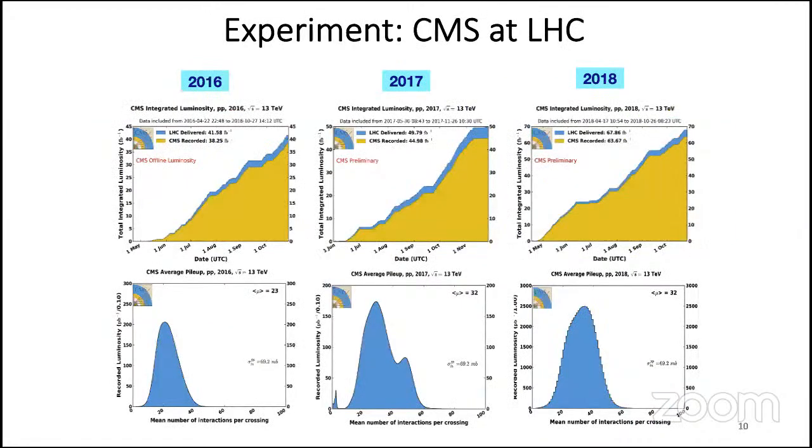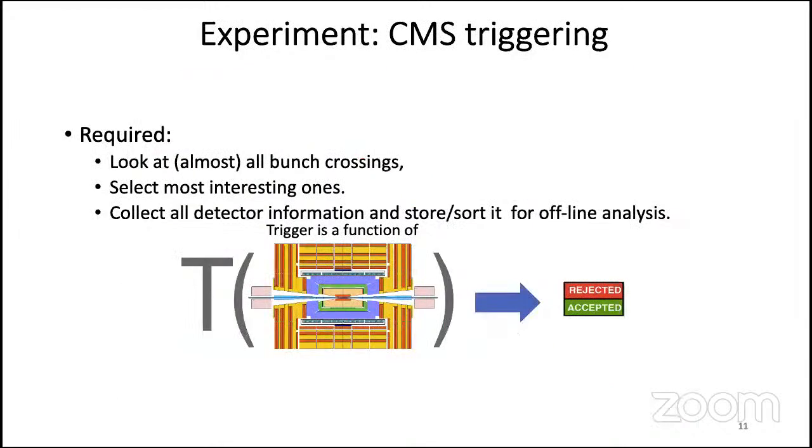So we try to collect all activity that the LHC delivered to the detector. As you can see, over the years, CMS has collected, represented in yellow in this distribution, more than 80% of the delivered activity.